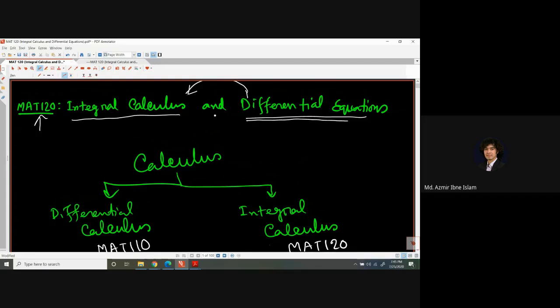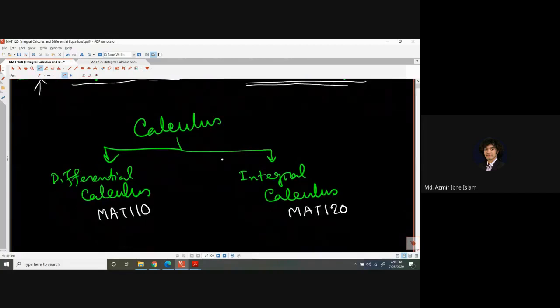So you know that integral calculus is a part of calculus, or in other words, we can say calculus can be classified into two categories, that is differential calculus and integral calculus.